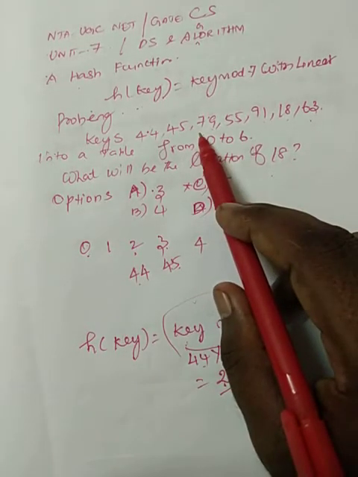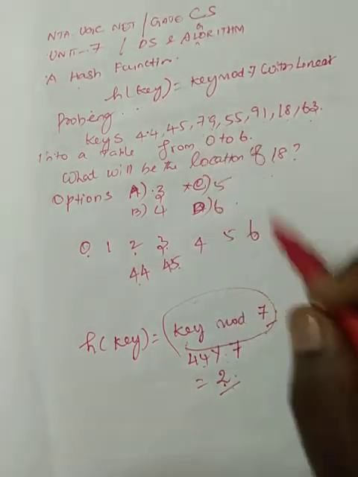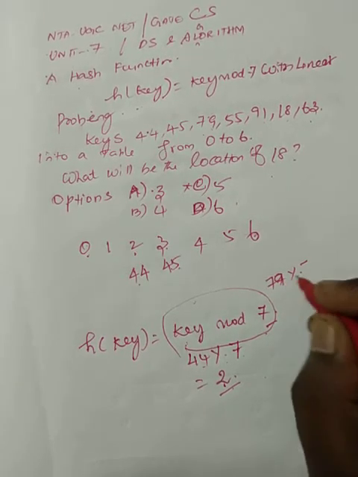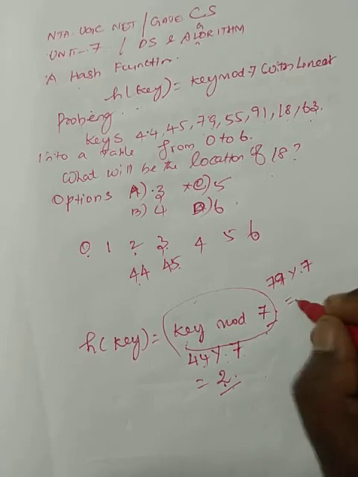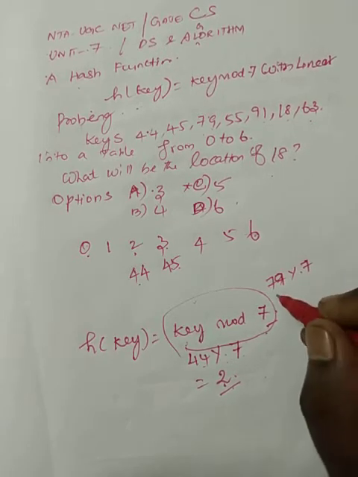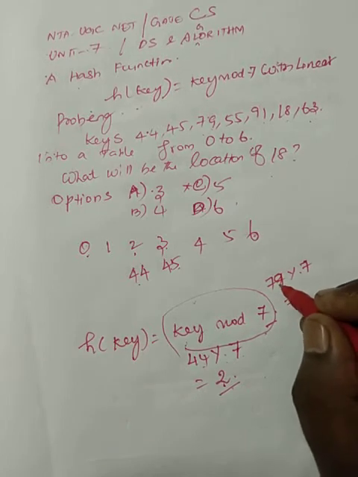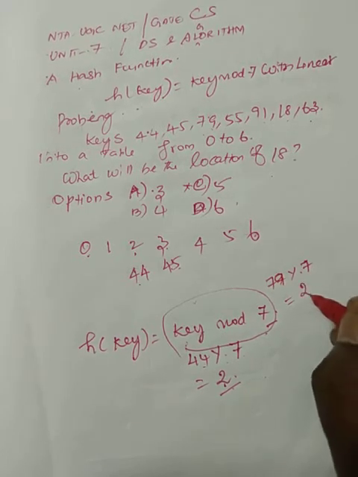In 79, 7 goes 11 times, right? 77 is 11 times, so 79 mod 7 has remainder 2.